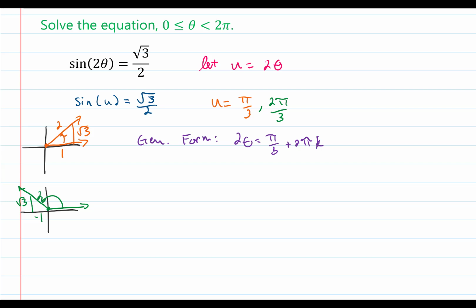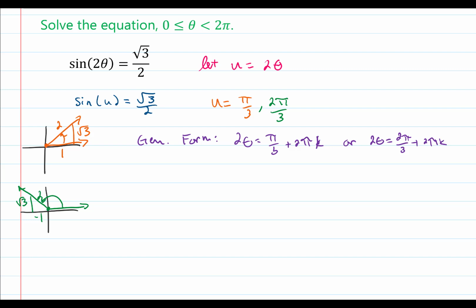Now the reason it's 2 pi times k this time is because 2 pi represents the fundamental period of sine, whereas the last example we just used pi because that was the fundamental period of tangent. Or we have 2 theta is equal to the second solution for u, which is 2 pi over 3 plus 2 pi times k. Again, k represents integer solutions or integer multiples of 2 pi because, again, every 2 pi units, the sine function repeats itself.